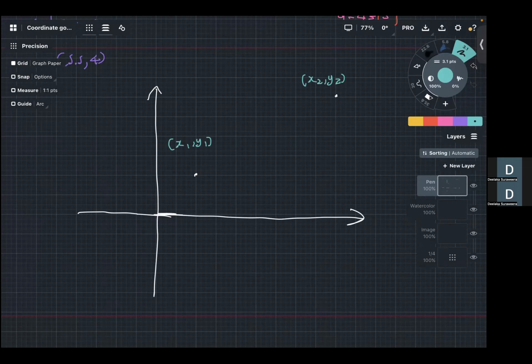You can do the derivation there if you want. You can label the points like this: x1, y1, x2, y2. We're trying to find the coordinates of the midway point.